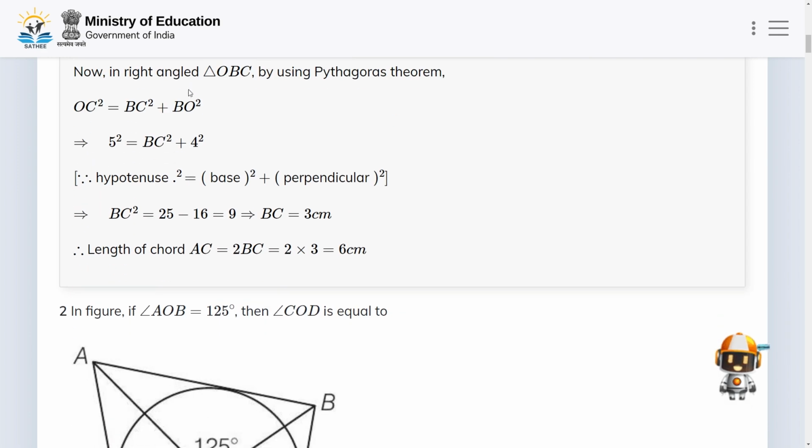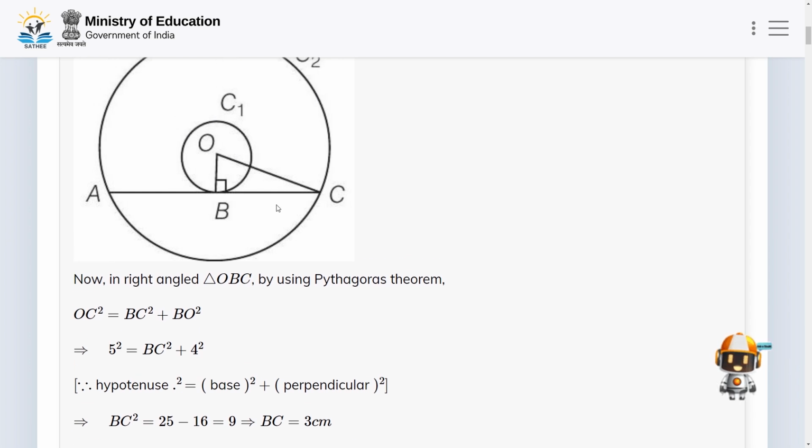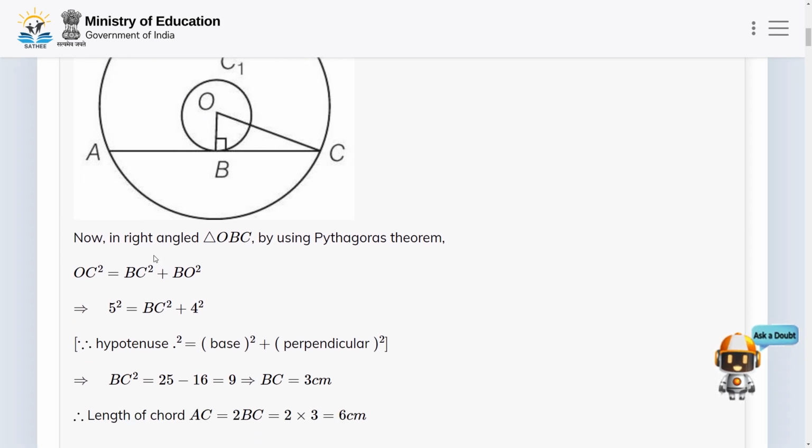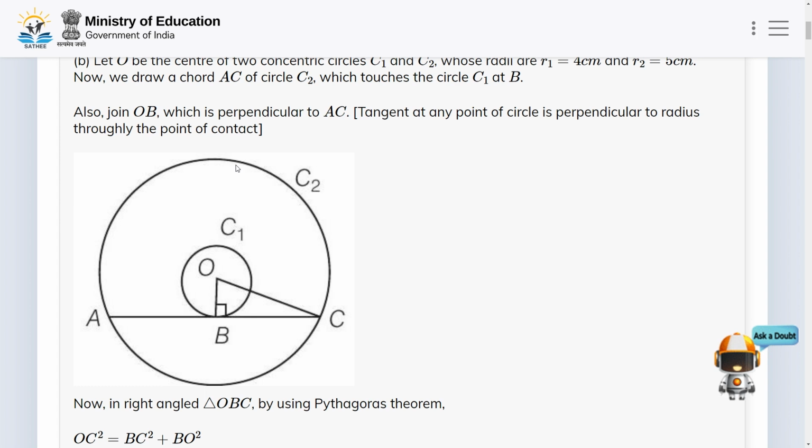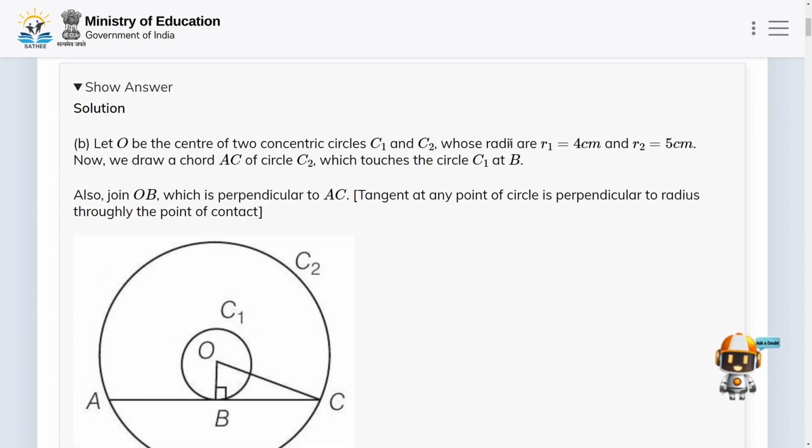Now in right angle triangle OBC, by using Pythagoras theorem, OC square is equal to BC square plus BO square. Here OC is equal to 5 centimeter and BO is equal to 4 centimeter, since we are given the radii R1 equal to 4 centimeter and R2 equal to 5 centimeter.